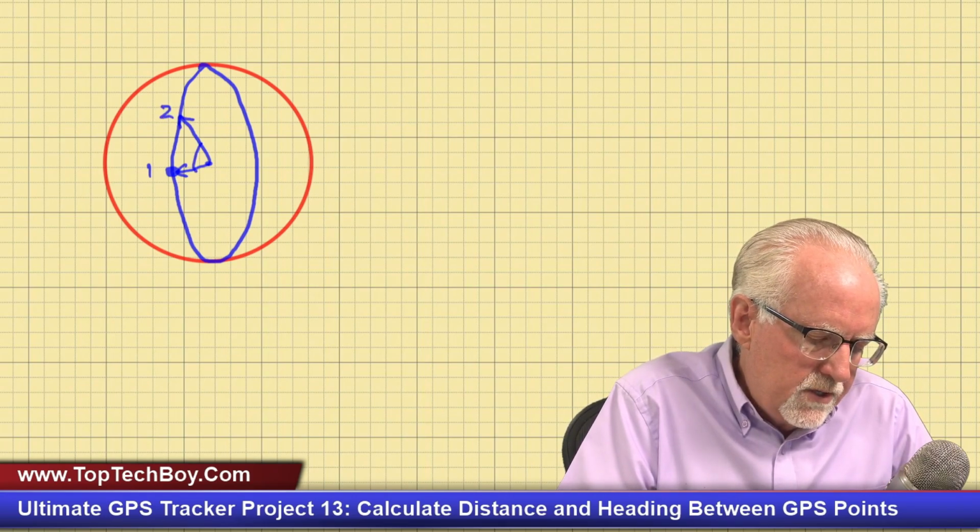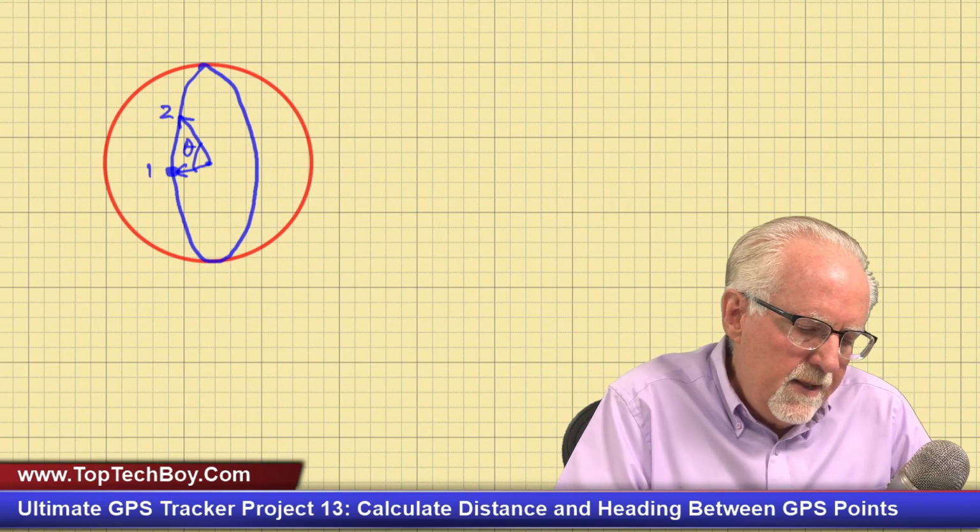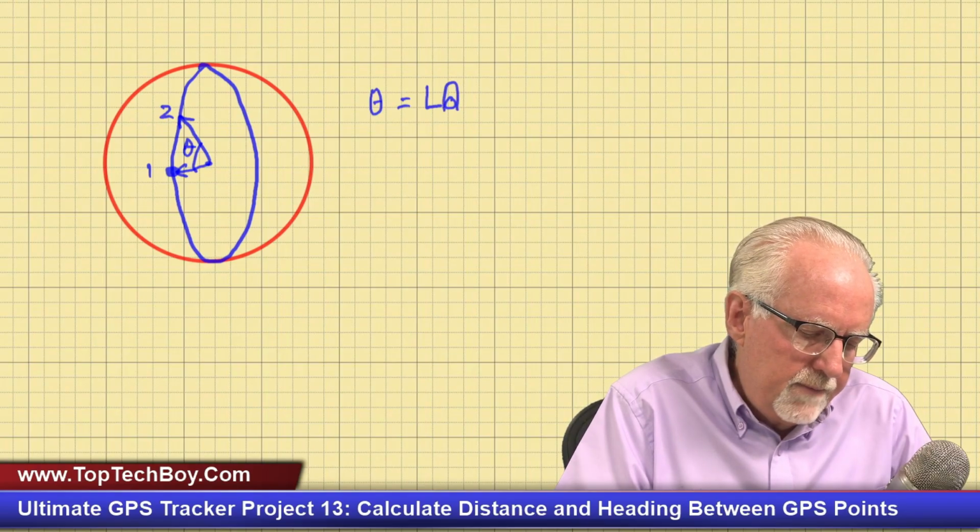In that case, what is this angle? That angle would simply be the latitude. I might have said longitude, but it's latitude going up and down. So this would be latitude 2 minus latitude 1.